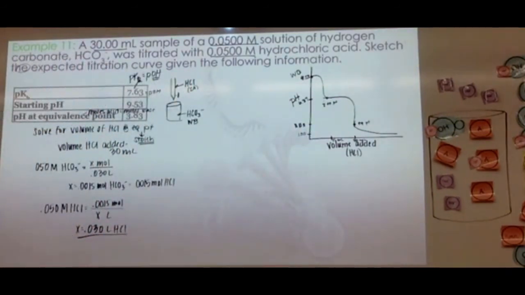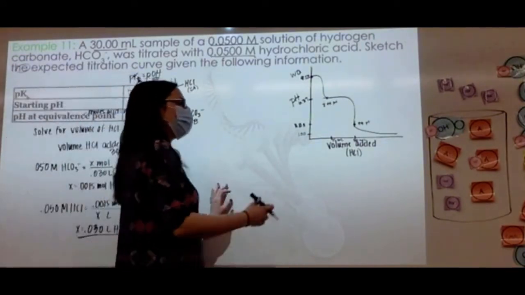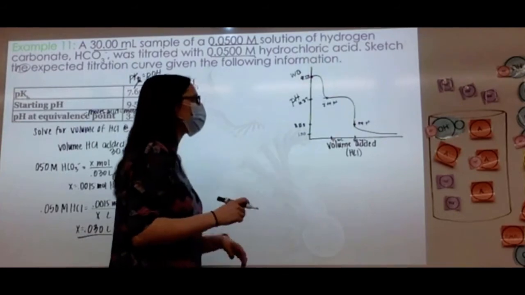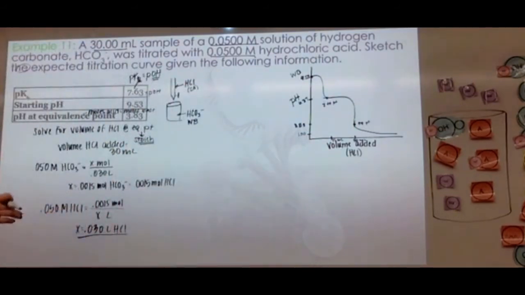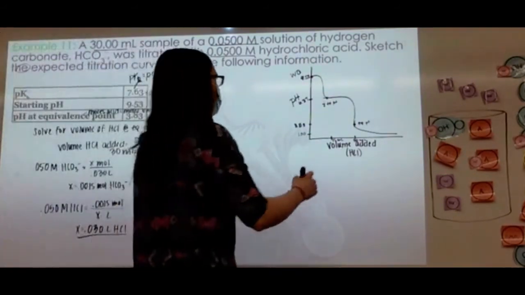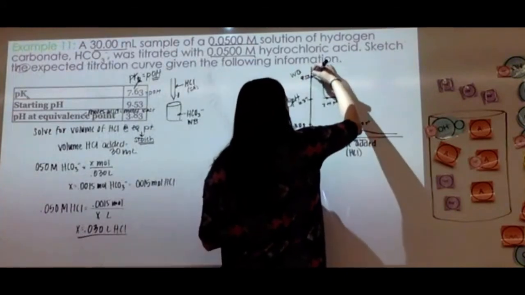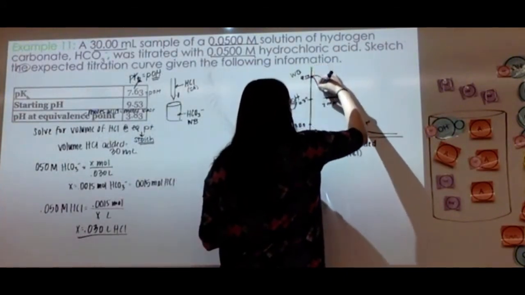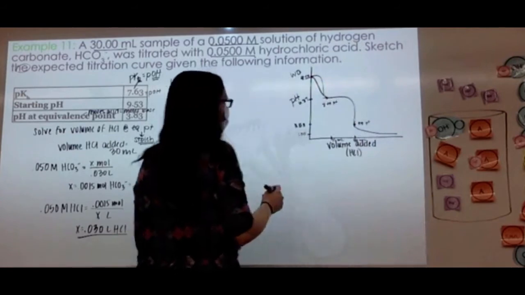All right, ending at a relatively low pH. You're not going to go all the way down to 0. And so again, this just kind of comes down. Maybe it doesn't come down as much as I drew it, but something like this.